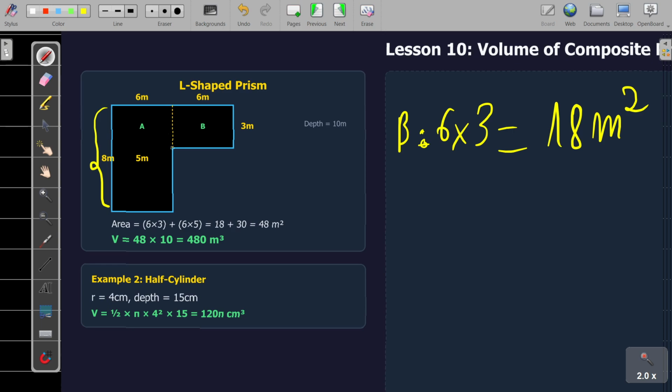Of course, we need to calculate A. If this is 8, then we need to calculate how much the remaining part is. If this is 3, then the rest here will be 5, yes.